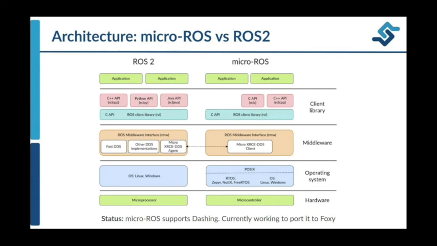In the case of ROS2, these layers are three, of which the most commonly used are the C++ API, which is the RCLCPP, and a Python API, which is the RCLPY. However, C++ and Python are not fully supported in every embedded platform.